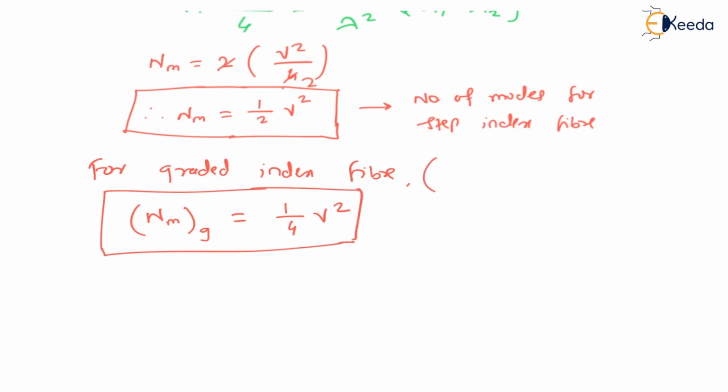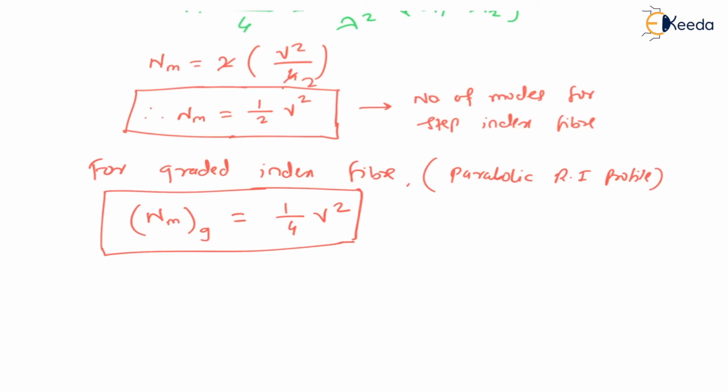And remember that for graded index fiber, the refractive index profile is parabolic. So this equation is for a parabolic refractive index profile: Nmg is equal to 1 upon 4 into V square.